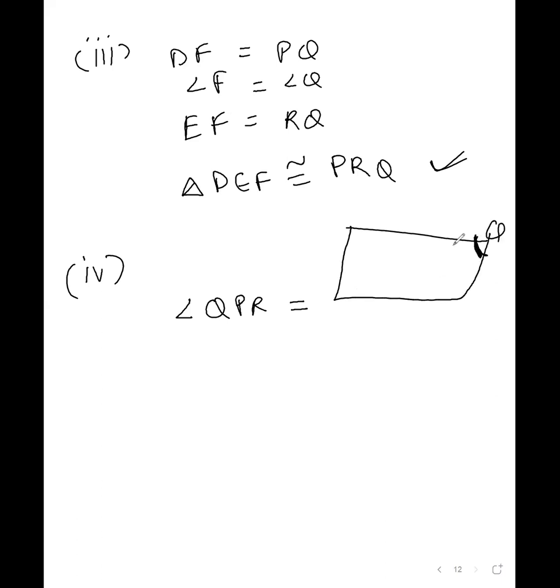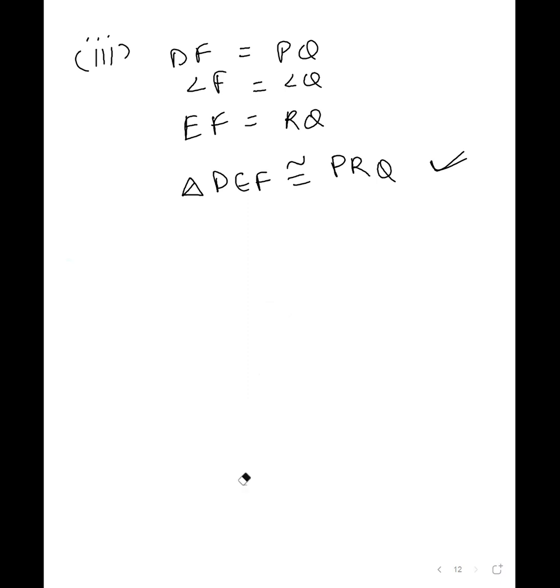Look at the diagram. RQP means the middle letter is the vertex. This is confusing. Okay, so let's make the diagram here.